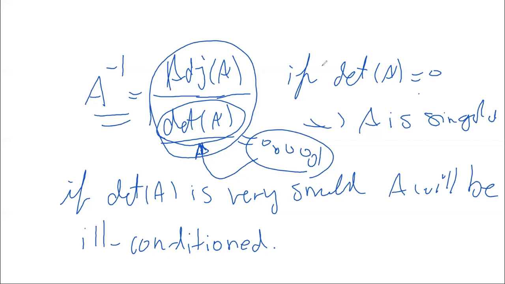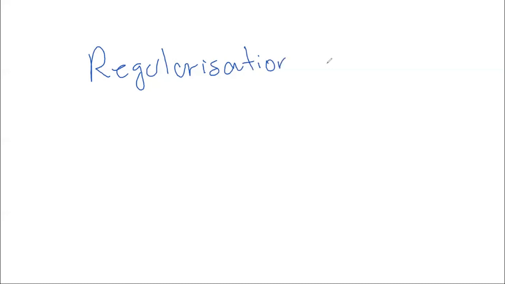Therefore, for solving integral equations, you need to somehow use regularization. You need to control or stabilize this solution. You do not let this amplification become too big.